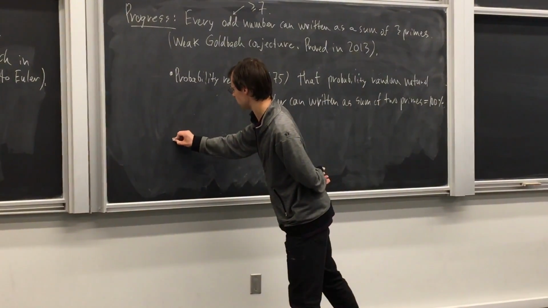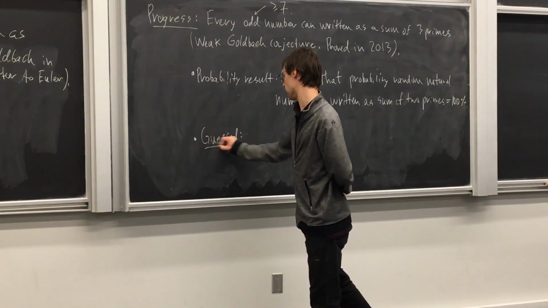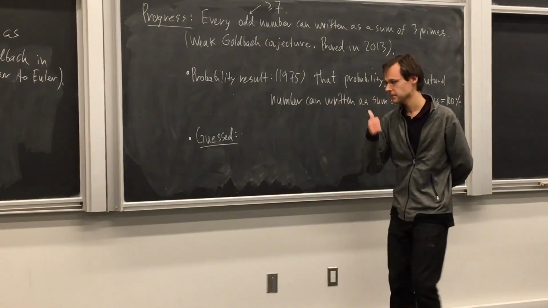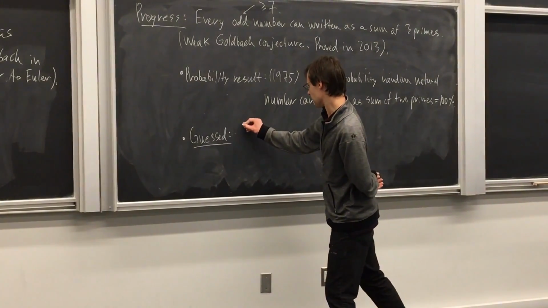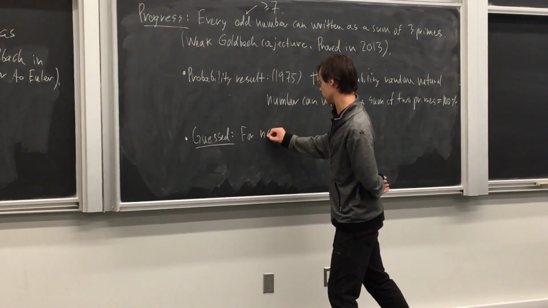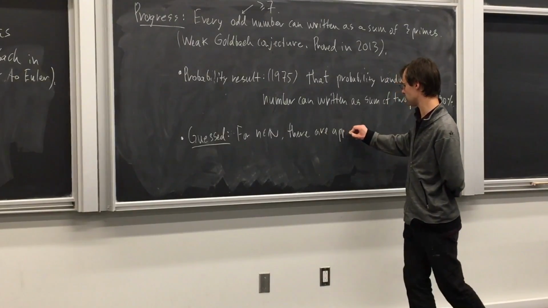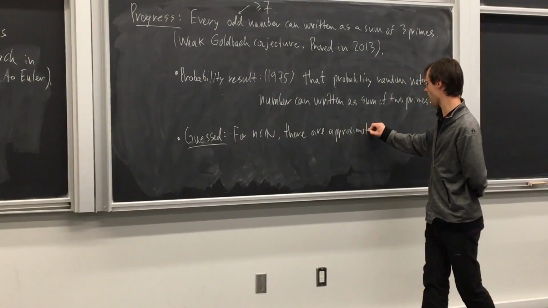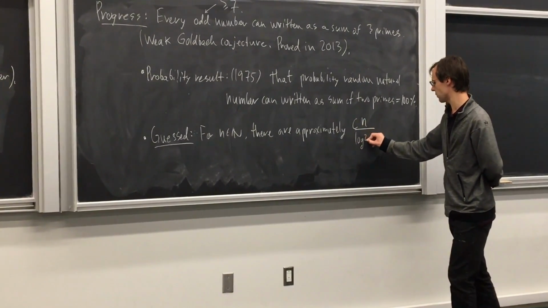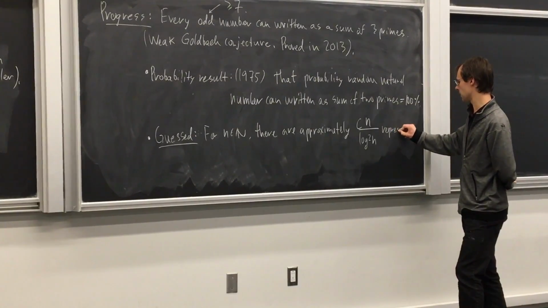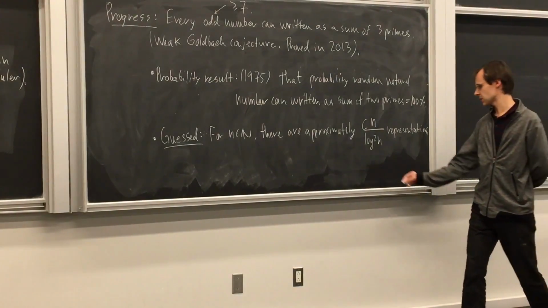One more result. Mathematicians have actually guessed roughly how many ways a number n can be written in this way. Okay, so a little bit of guesswork. For n in the natural numbers, there are approximately n over c times n over log squared n representations, where c is a constant which is close to a half.